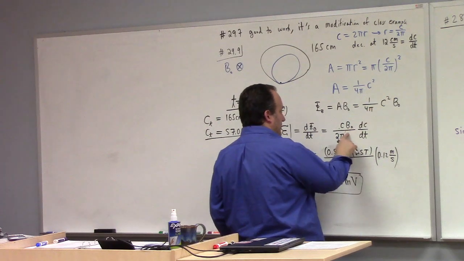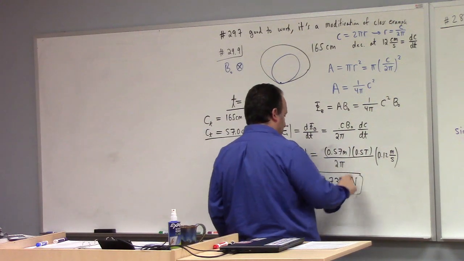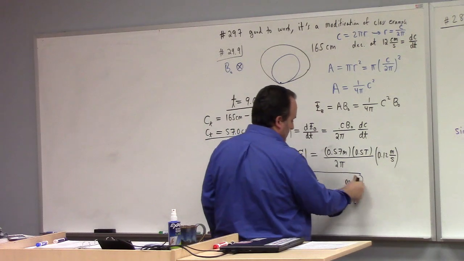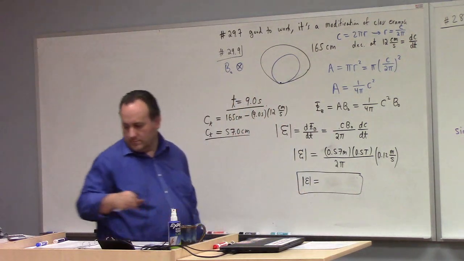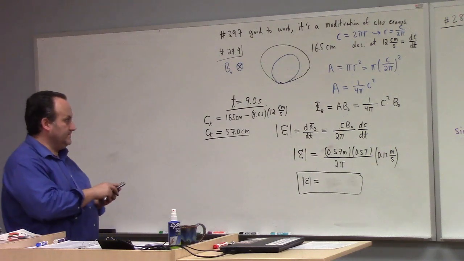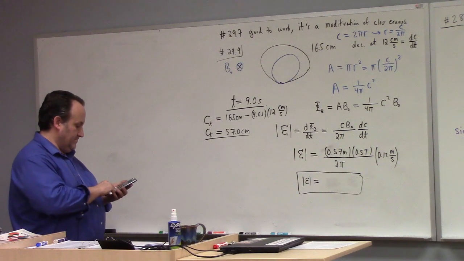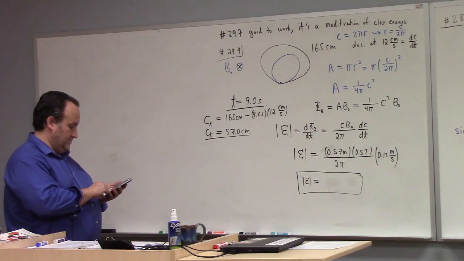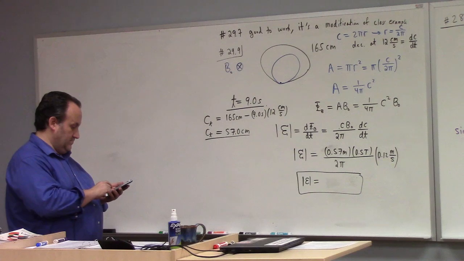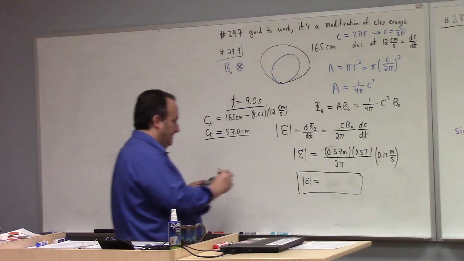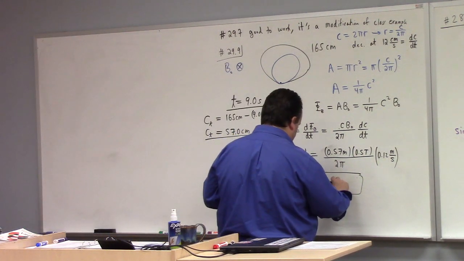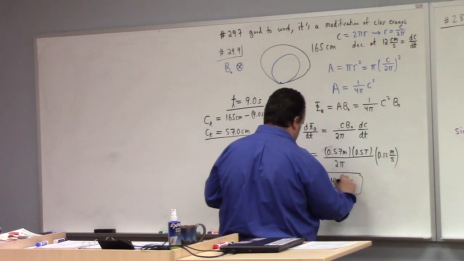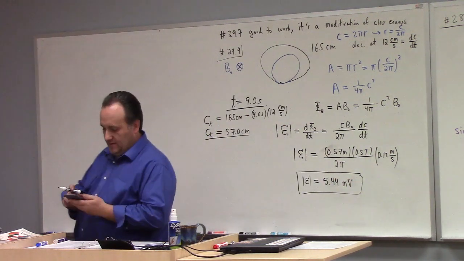Pi, not pi squared. Try that again. Yeah. 5.44 millivolts. And that is the answer in the back, I think.